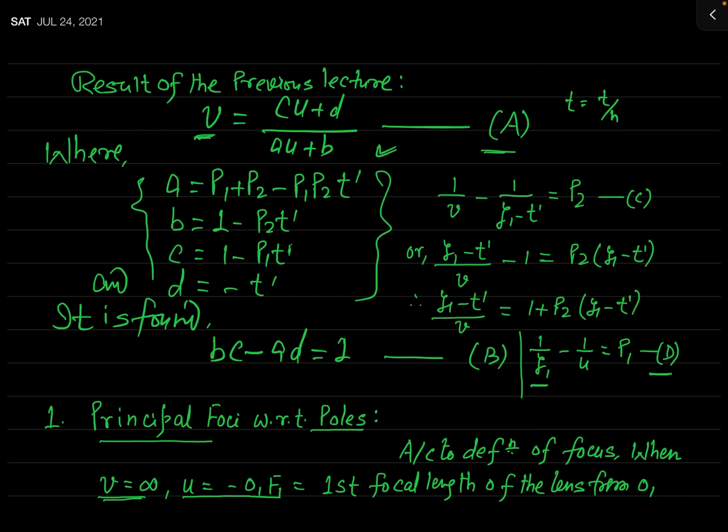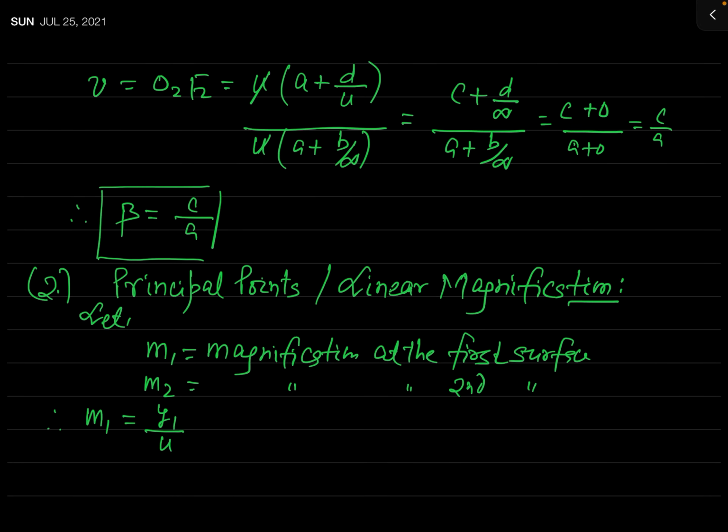Here Y1 acts like the image distance and U is the object distance, and magnification is simply the ratio of image distance and object distance. So this will be simply Y1 over U. Similarly, what will be M2?